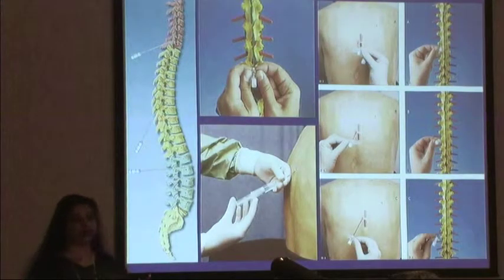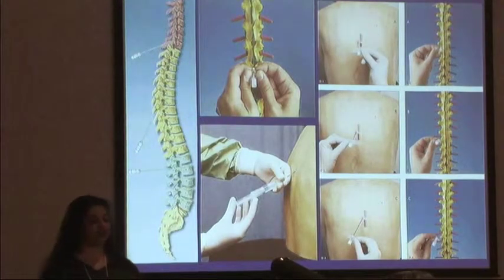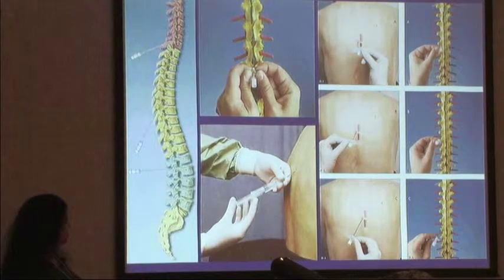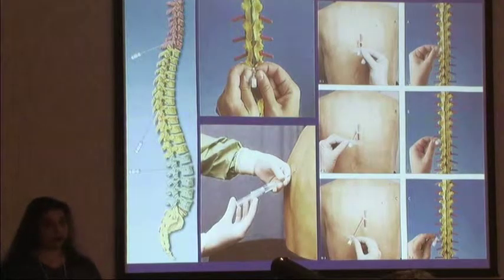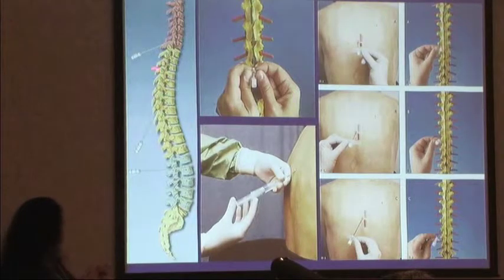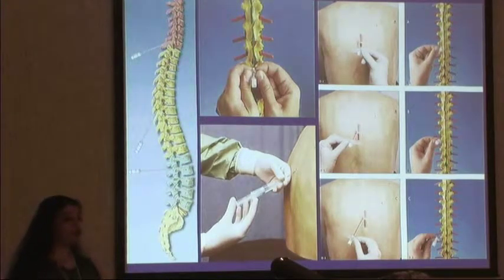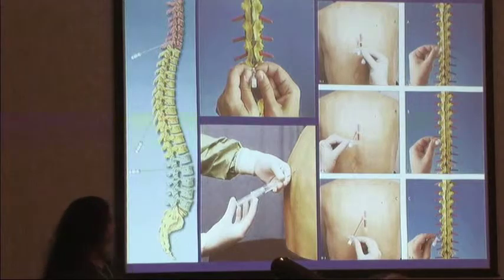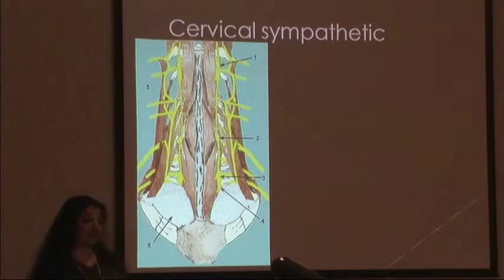Now, if you do the central part of the sympathetic nervous system, you can do either spinal blocks or epidural blocks, which you can do in the cervical part as well as in the thoracic part or in the lumbar part. We usually do not do caudal blocks. Now, for the extravertebral sympathetic nervous system, you can do blocks on the cervical sympathetic, which you can see right here.